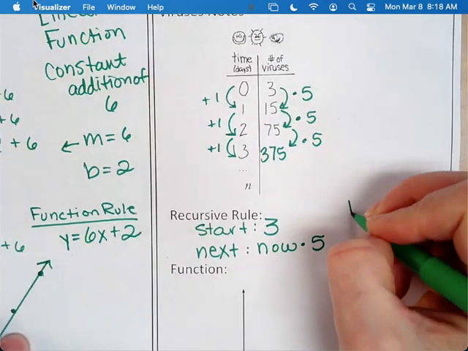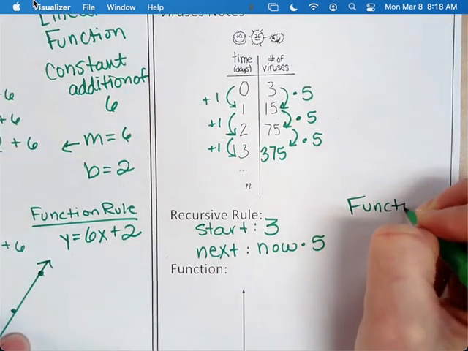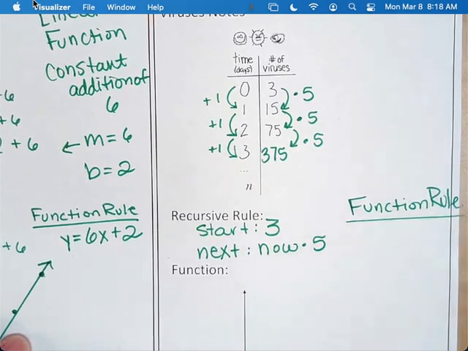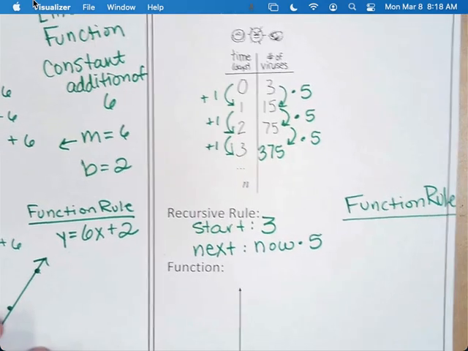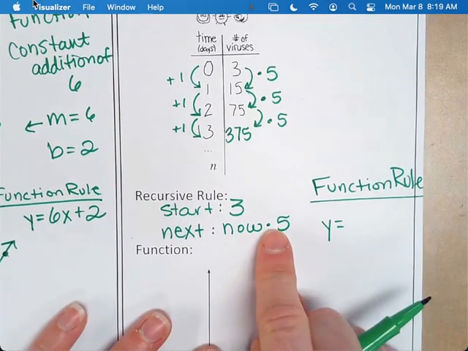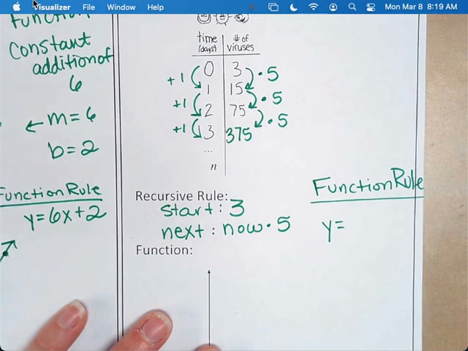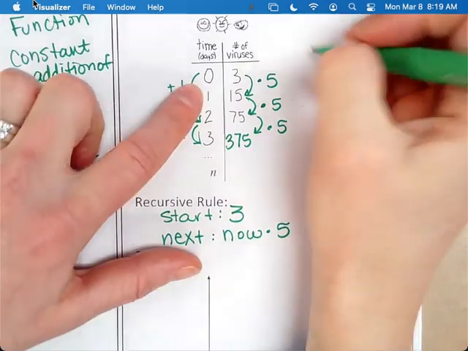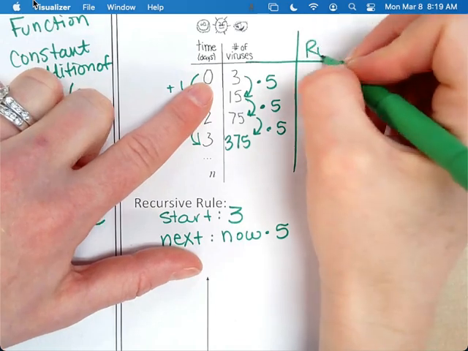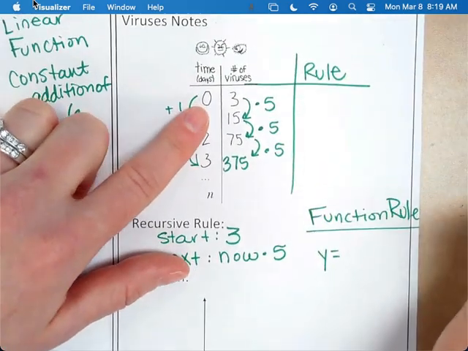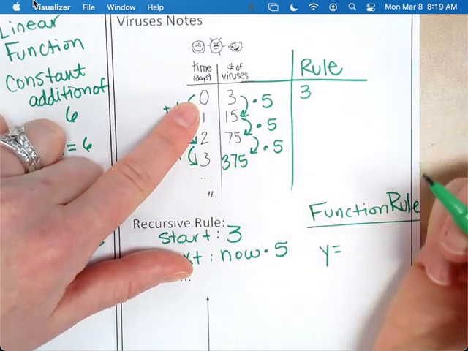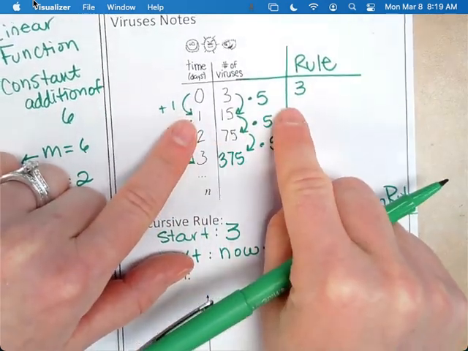So let's figure out our function rule. Y equals, well, what are you multiplying 5 times? Remember, we did the rule with our last lesson. So this first one was just 3. But what was the next one?